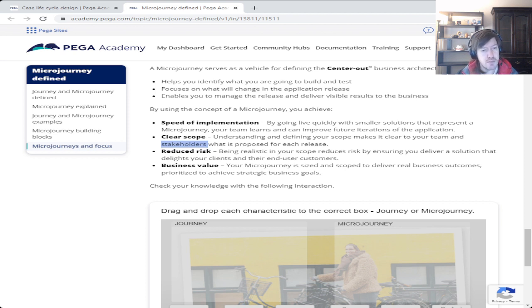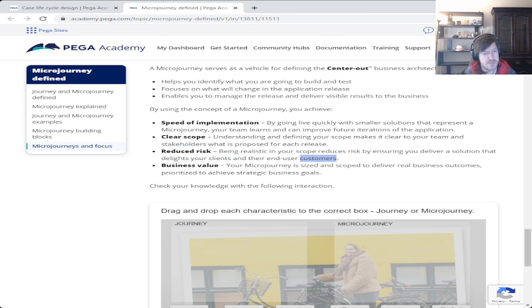Reduce risk. Being realistic in your scope reduces risk by ensuring you deliver a solution that delights your clients and their end user customers. I mean, clients and customers are pretty much the exact same word in this particular case.